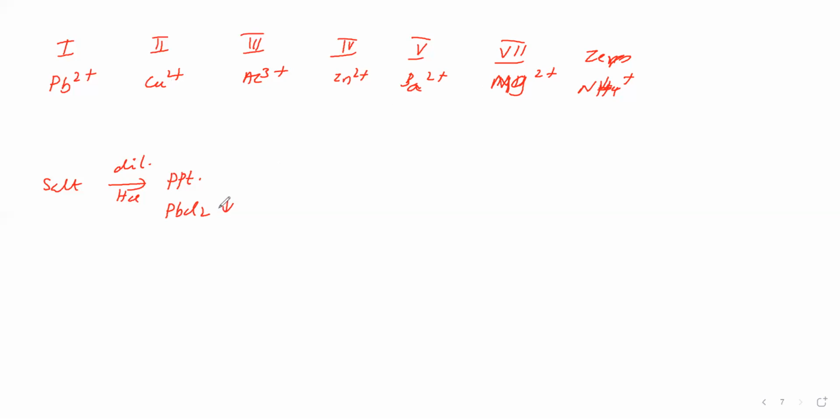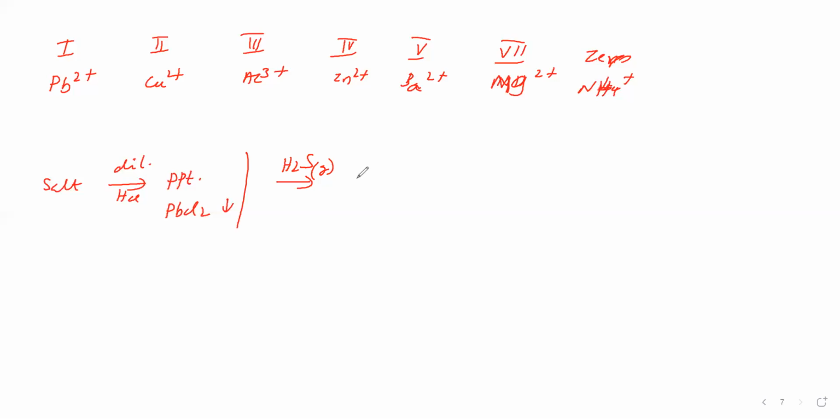Next step. Suppose there is no precipitate. In the first group you dissolve the salt in water and add dilute HCl; if you get a precipitate, group 1 cation is present. If the precipitate is not there, you get a solution only. To the solution you add H2S gas.